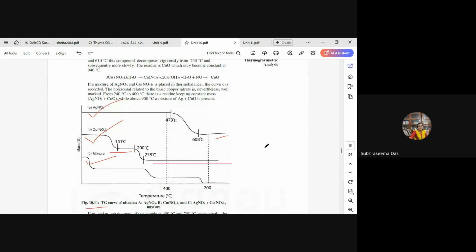So now if the mixture of copper nitrate and silver nitrate is taken, then the curve C is marked. Here we see the curve C is marked. Now here the horizontal portion is related to the basic copper nitrates, but when we look into 240 to 400 degrees centigrade, there is a residue which keeps the copper mass constant, because beyond 900 degrees centigrade Ag has already been formed, and here it is Ag plus CuO.